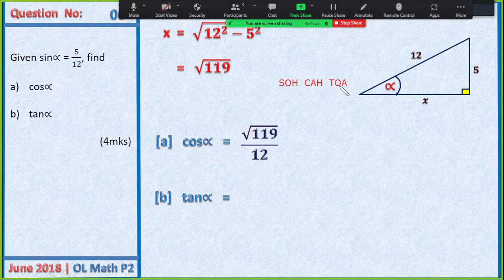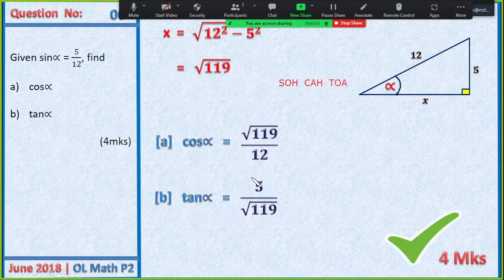What is tan alpha? What will be tan alpha? Tan alpha will be opposite over adjacent, from TOA.